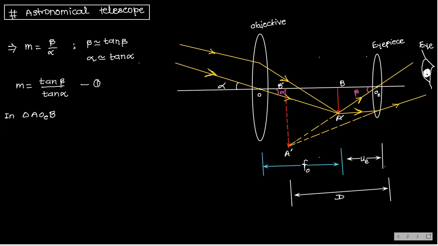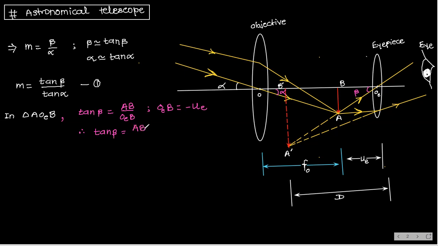So I am taking first triangle A O_E B, and in this triangle I am getting tan of beta is equal to AB divided by O_E B. And as we know, O_E B is nothing but minus UE, and therefore tan of beta is equal to AB by minus UE.